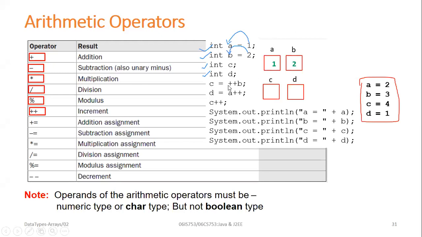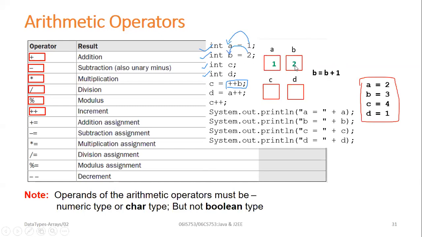So now what I've done, C equal to plus plus B, right? What this indicates is nothing but B equal to B plus 1, and then C gets B. Now I'm going to change the value of B to 3. Initially it is 2, right, students?